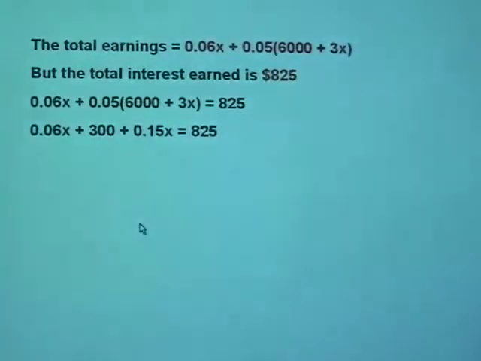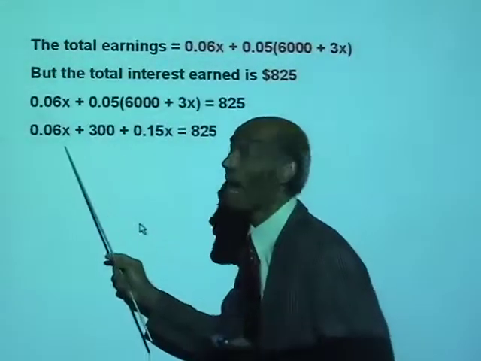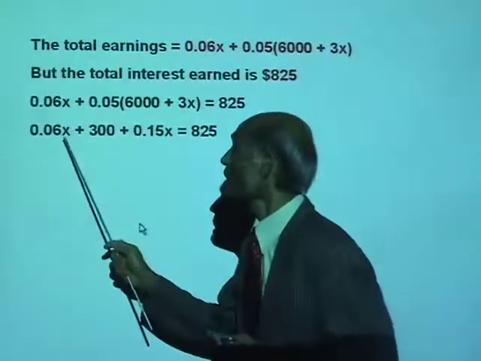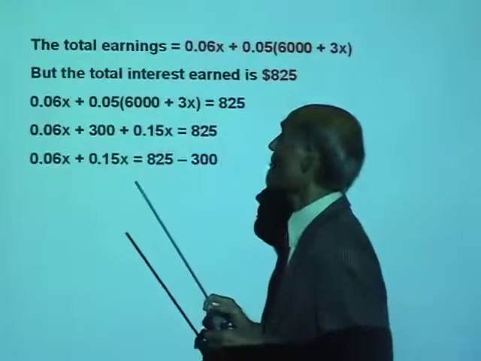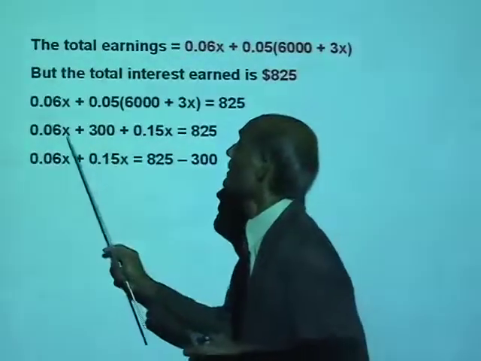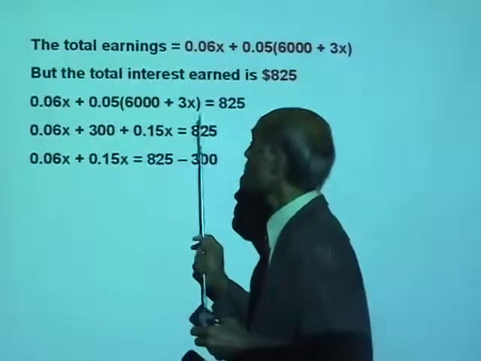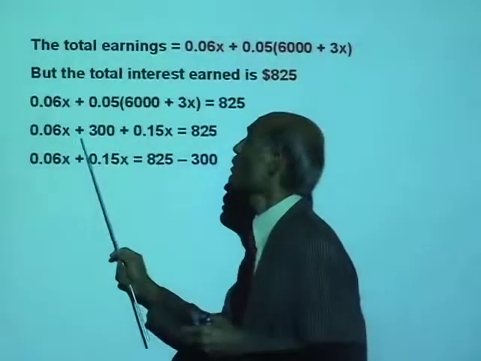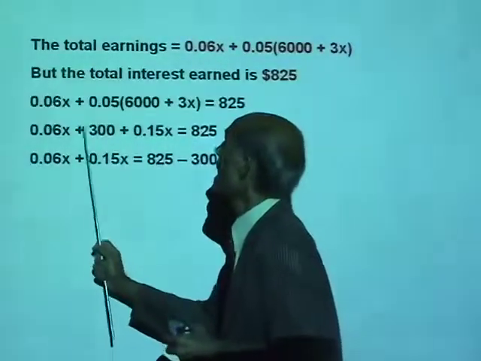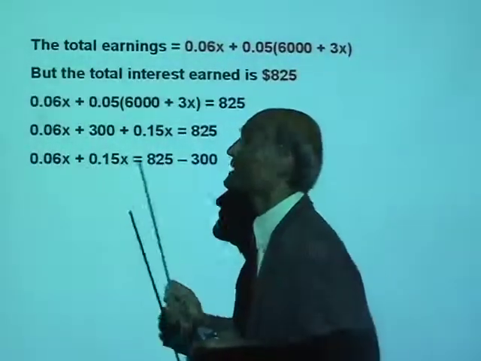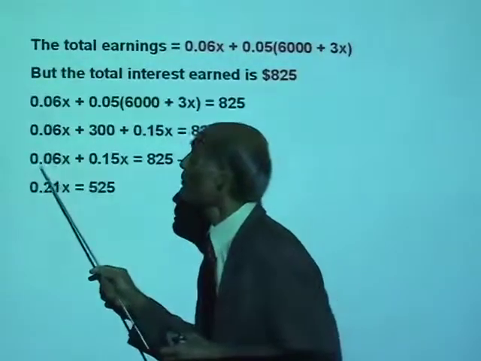And what will you do now? We have terms in x that we can add. What is 0.06x plus 0.15x? We can add those on the left and move the 300 to the right. So move this 300 to the right and now add the 2 terms in x on the left. What does that give you?